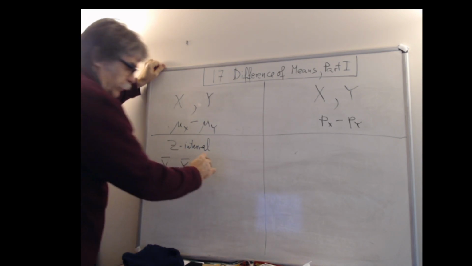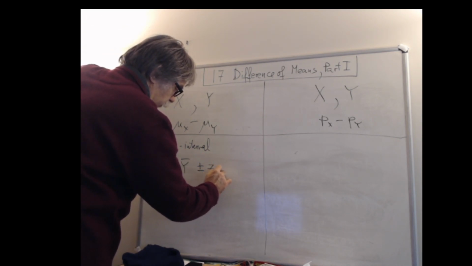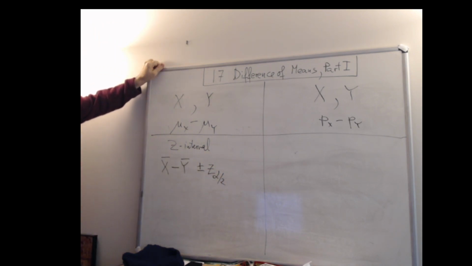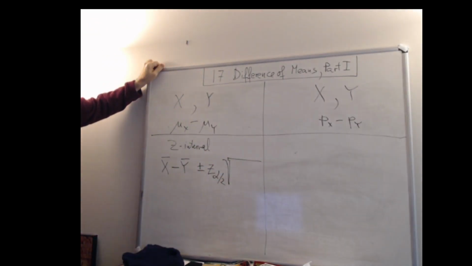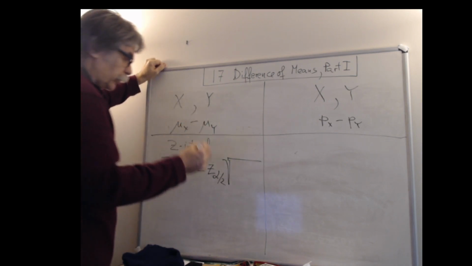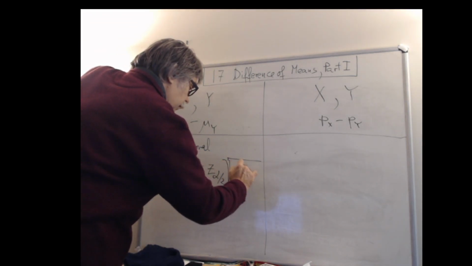And margin of error for the z-interval, of course, is going to have the z-critical value, which is going to be relative to whatever confidence you want, multiplied with the variation, the variance of this guy, which we intuitively from the beginning concluded it is this guy.